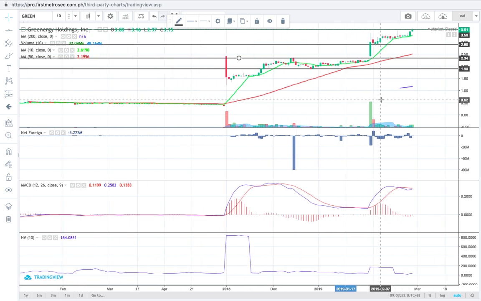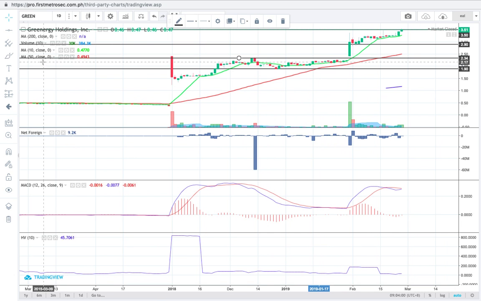Now, since we want to see what's ahead of the resistance line at 3.50, what I'm going to do now is plot a Fibonacci extension. You're not going to see the word extension in here. You will see Fibonacci retracement, but there's no Fibonacci extension. So what we're going to do is reverse the Fibonacci retracement to make it a Fibonacci extension.